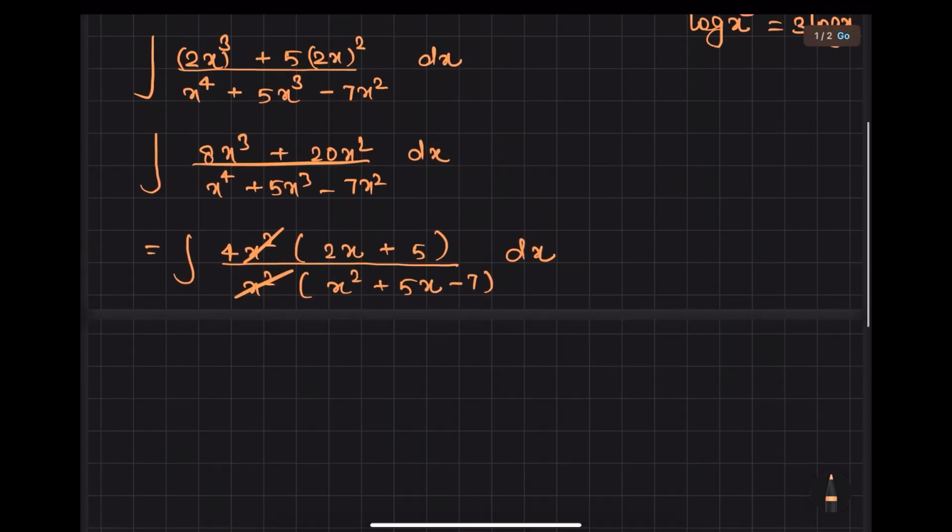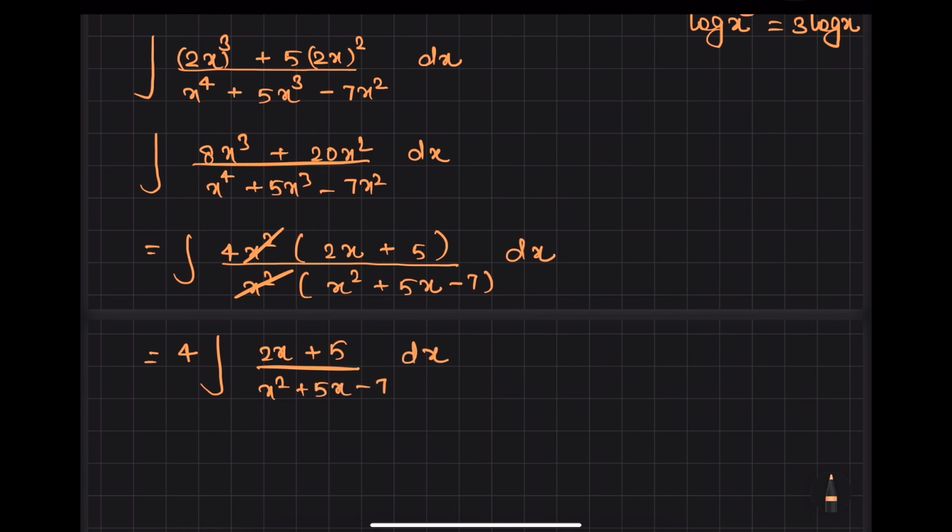Now look at this part. This time we got 4 outside, waiting, and 2x plus 5 upon x square plus 5x minus 7. You have handled these kinds of questions before as well, where the numerator had a greater power as compared to the denominator.